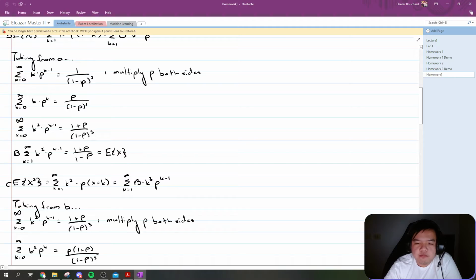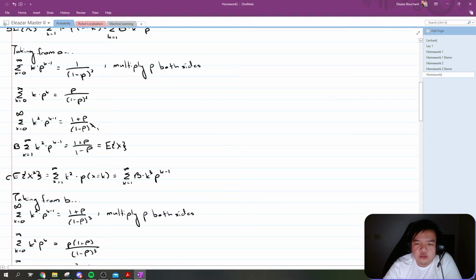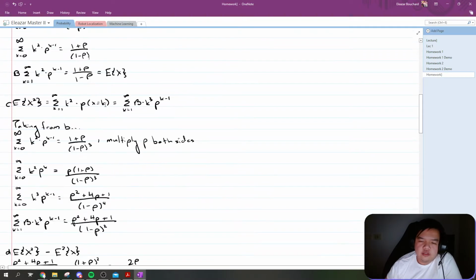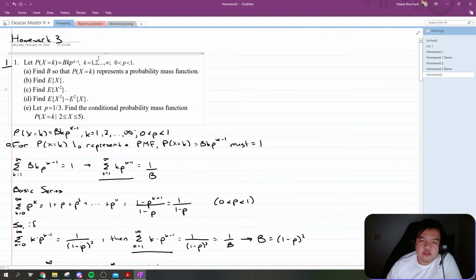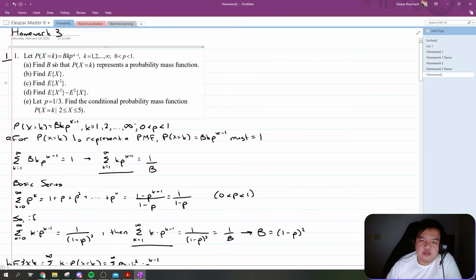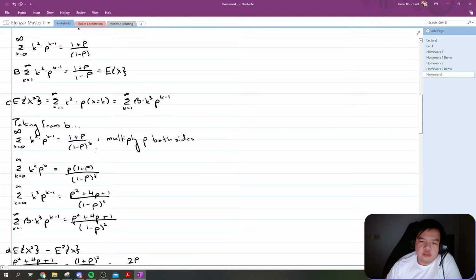It cancels out to just 1, easy as that, and that's our expected value. If we want the expected value of x squared, remember how they said the probability of x equals k. If it's x squared, then it equals k squared.